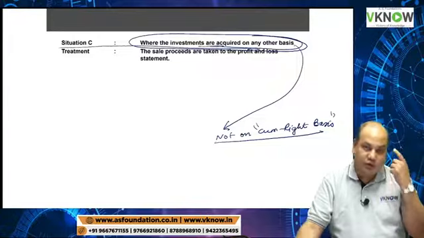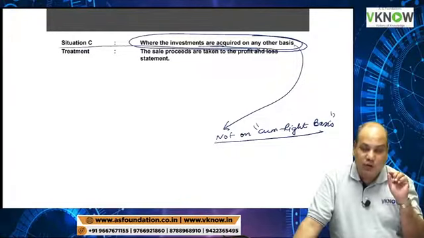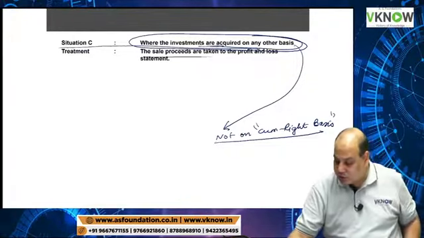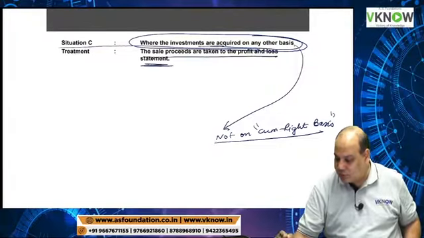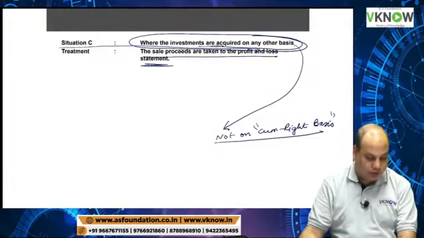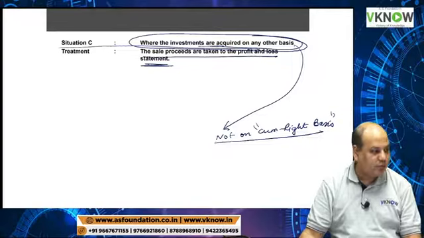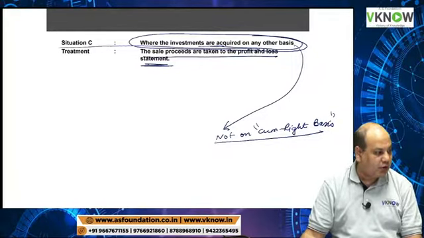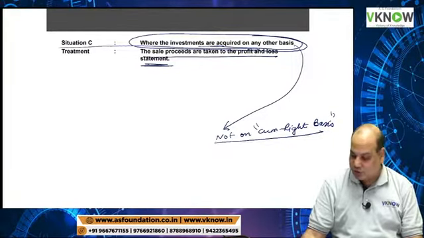So the first condition fails here. If the first condition fails, the answer is sale proceeds will be taken to profit and loss account.